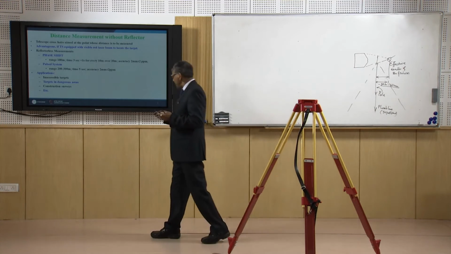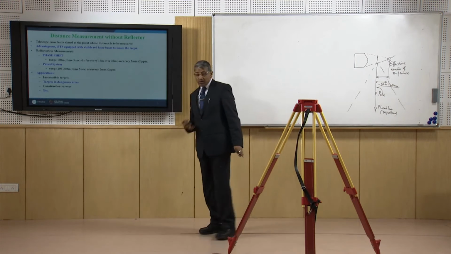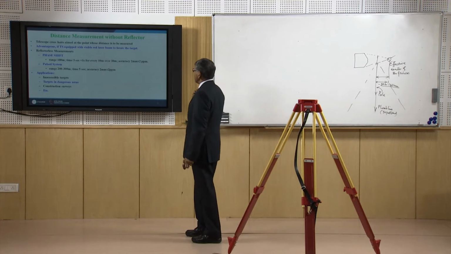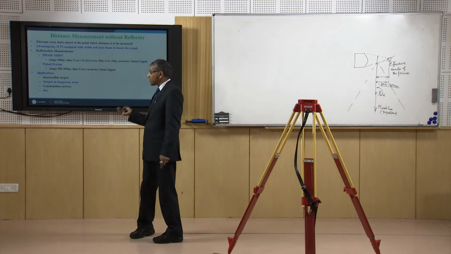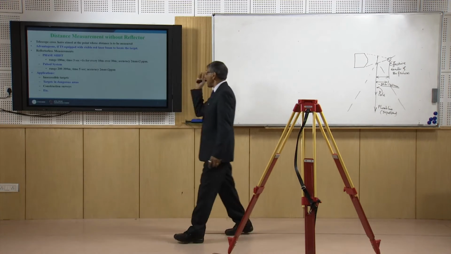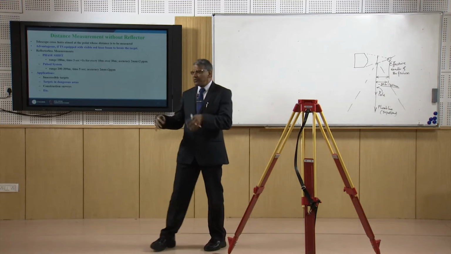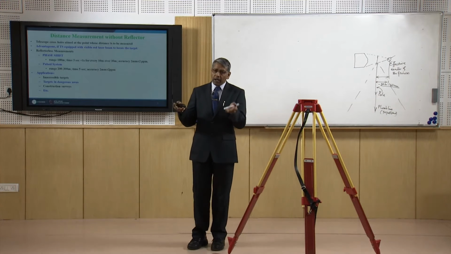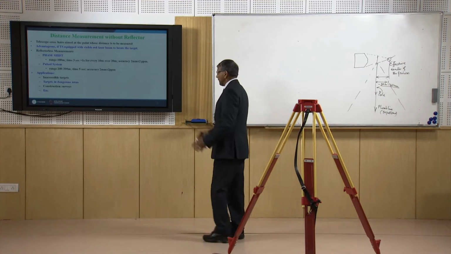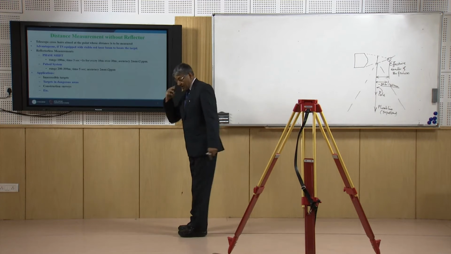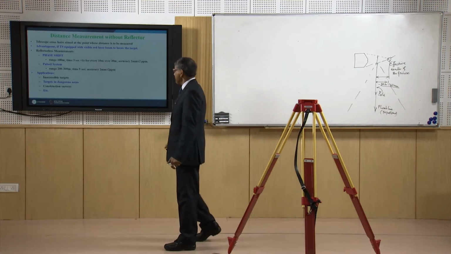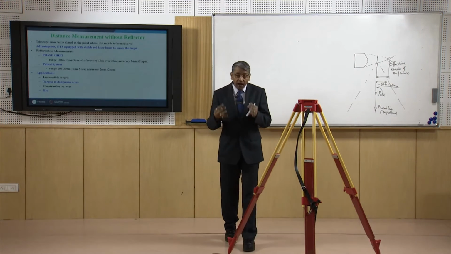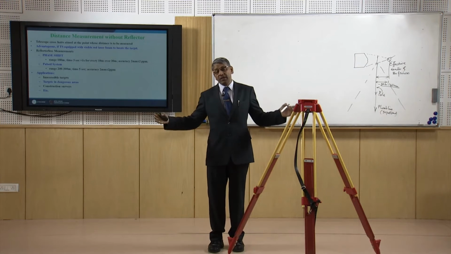So, in those cases reflectorless measurement is very convenient, and more and more reflectorless measurements are being encouraged, specifically in the construction industry, where we are getting very high rise buildings and bridges, where it is very difficult to hold the reflector or go personally to monitor it, and in that case reflectorless measurements will be very beneficial, and that is getting popular.